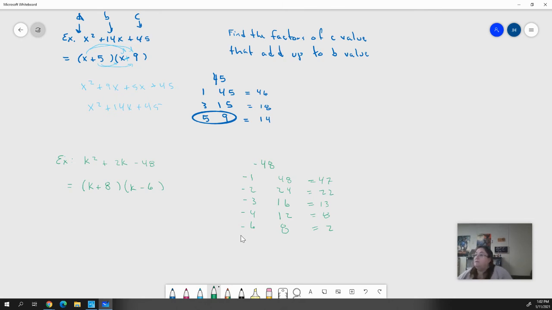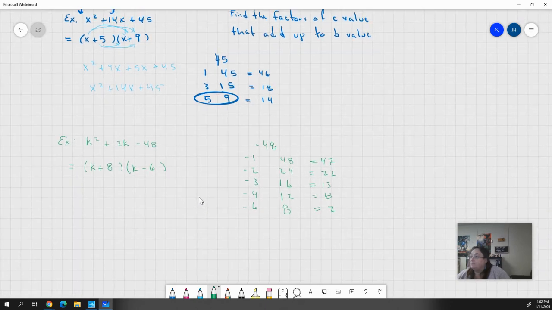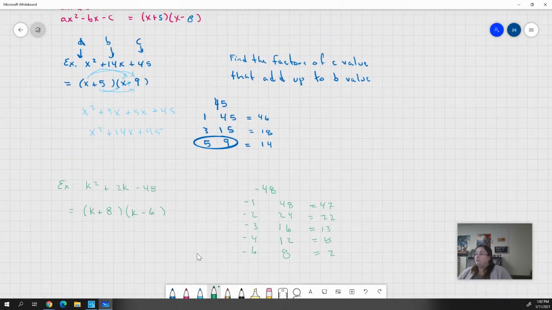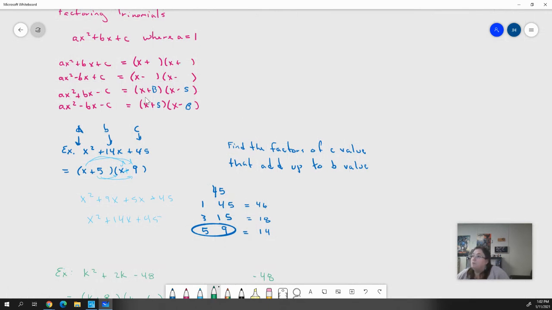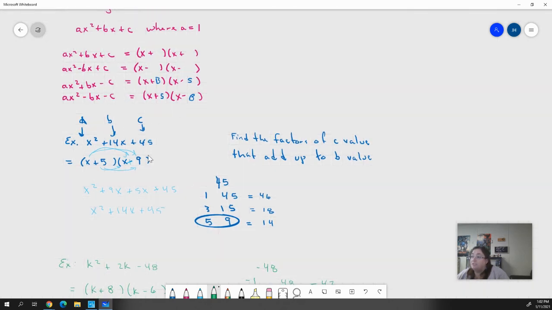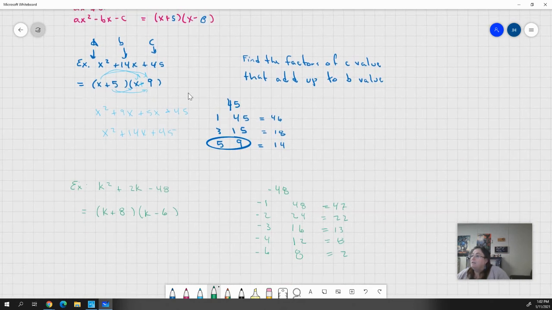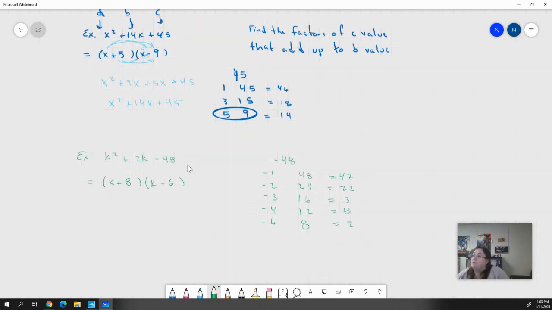Just follow the examples in the chart and you will know how to set up your parentheses. Then you can find the factors of whatever your C value is and put them into your parentheses.